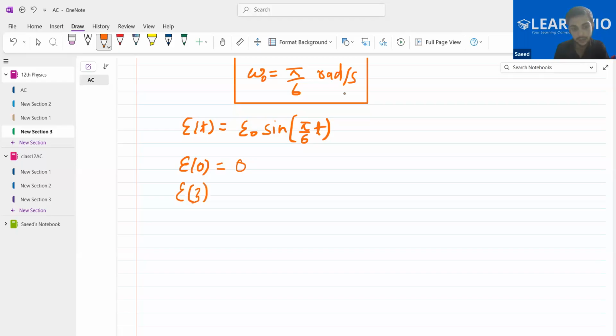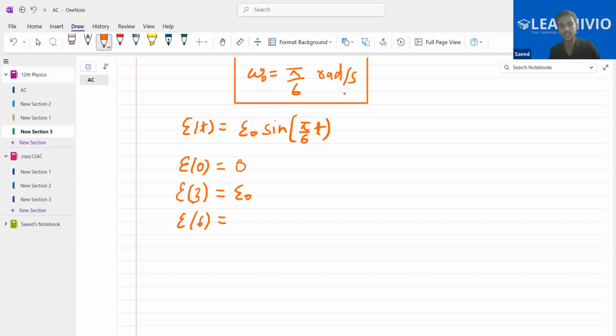It will not be sine 60. It will be pi by 2, if we put t as 3, so pi by 6 times 3 is pi by 2, and the answer will be E naught. At 3 seconds it is E naught.